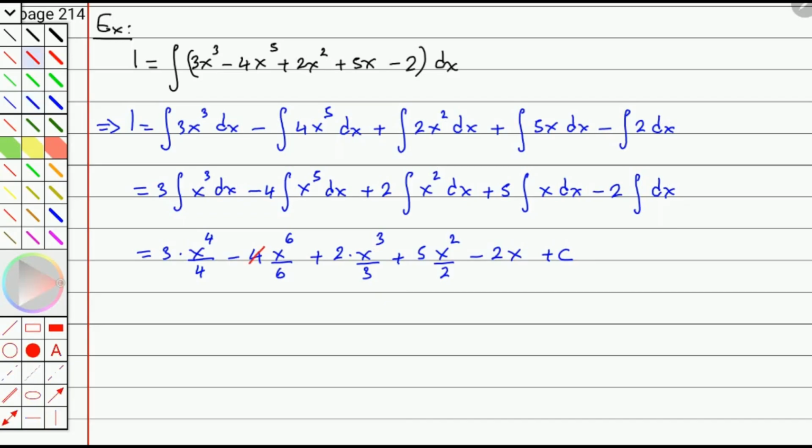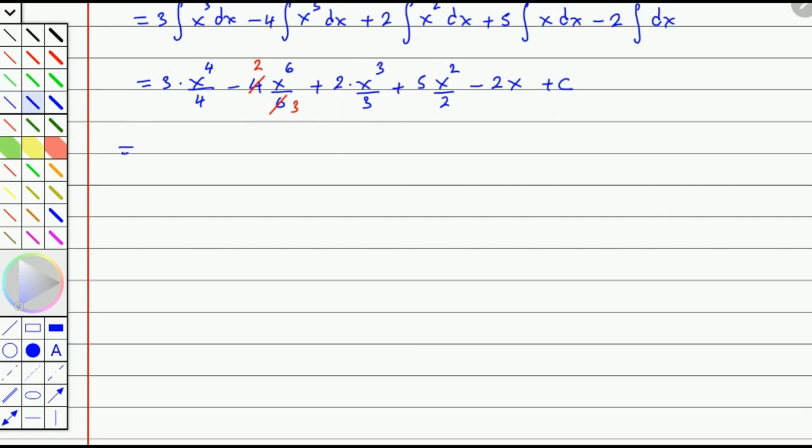We do: 4 over 6 is 2 over 3 and nothing else. And so we have I equals 3x to the 4th over 4 minus 2x to the 6th over 3 plus 2x cubed over 3 plus 5x squared over 2 minus 2x plus c, and this is the final result.